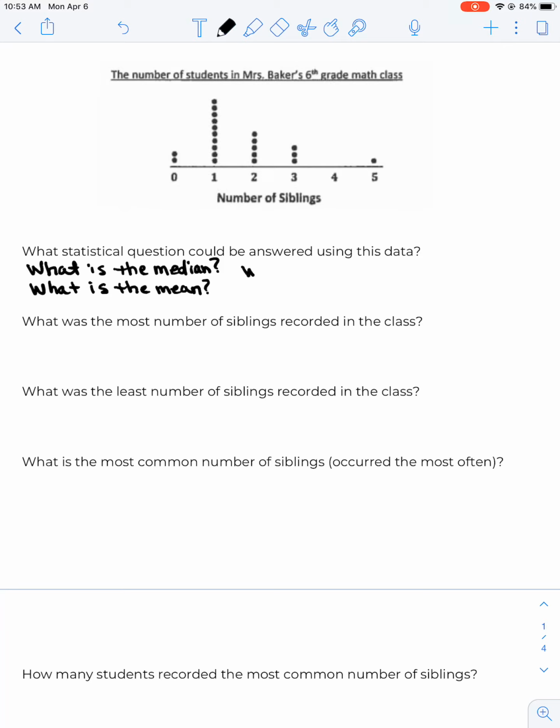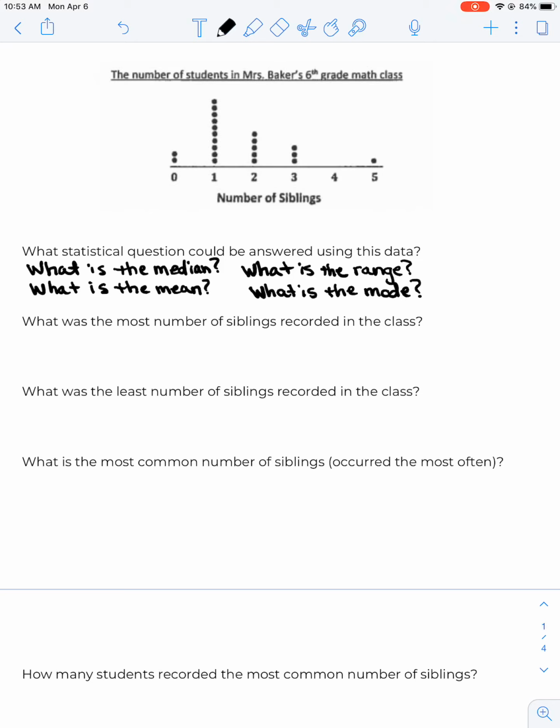We could also ask what is the range? We could also ask what is the mode? There are also other questions that we could ask, some of which we're going to be answering right now.